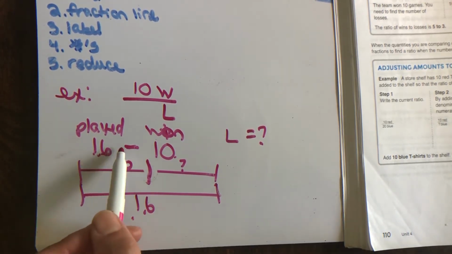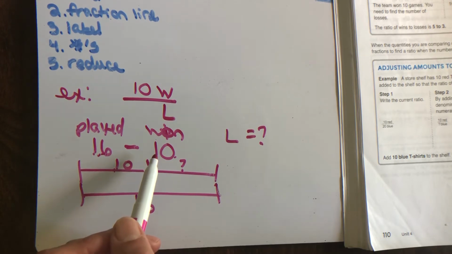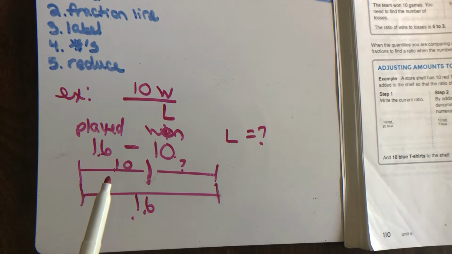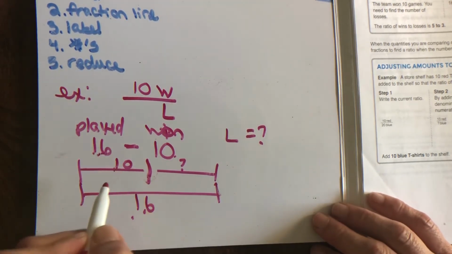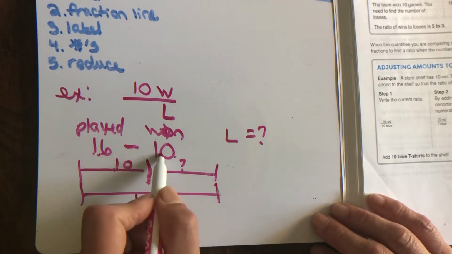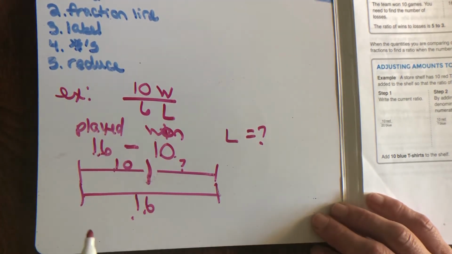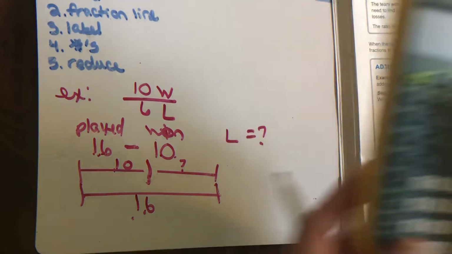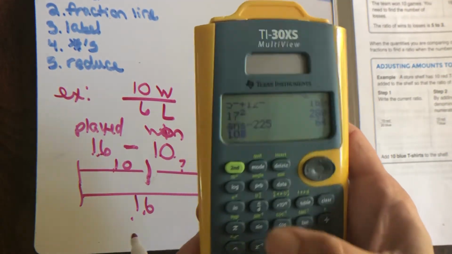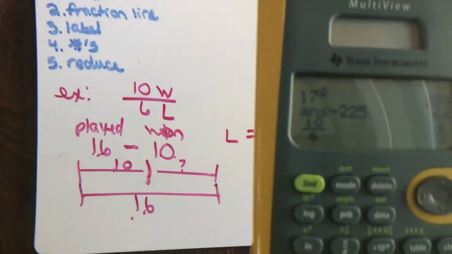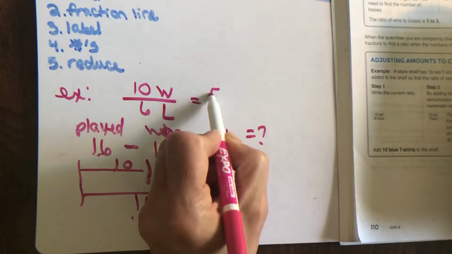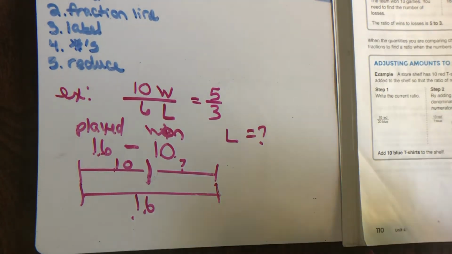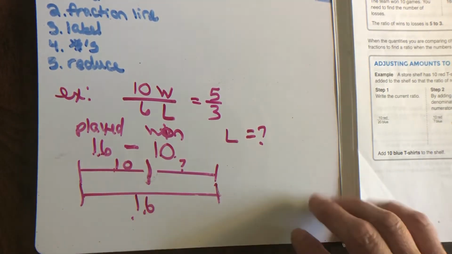So this is 16 minus 10. This is not 10 minus 16. Okay? So careful how you think about your subtraction problem. So when you subtract 16 minus 10, you get 6 losses. Now you can take that to the calculator. So 10 over 6. Notice I put it in as a fraction. Enter. And I get 5 over 3. So that is my answer, and I just showed you all of this just to help you see it.